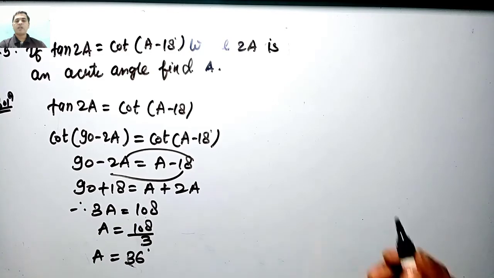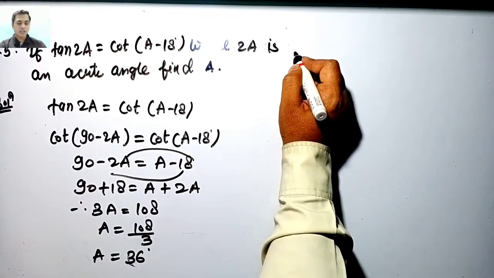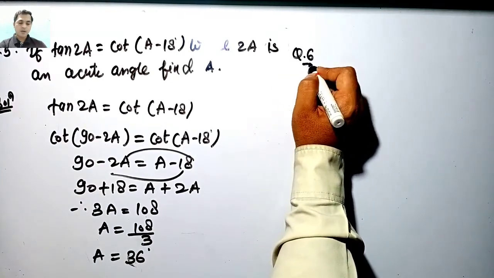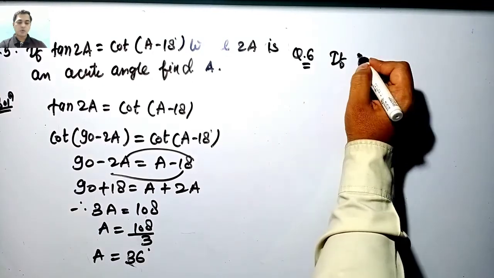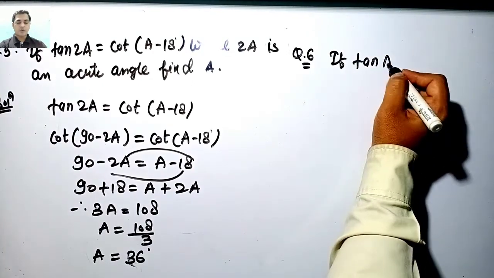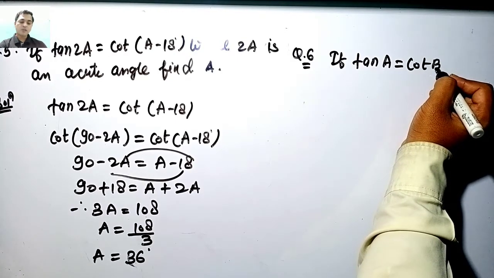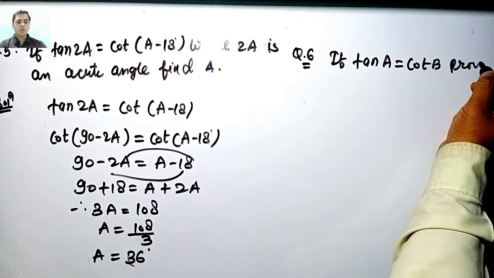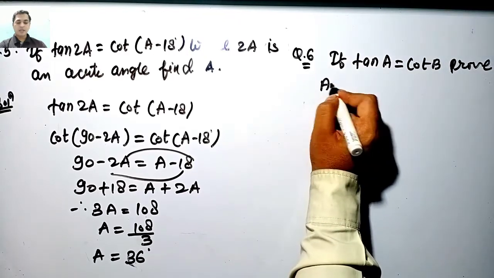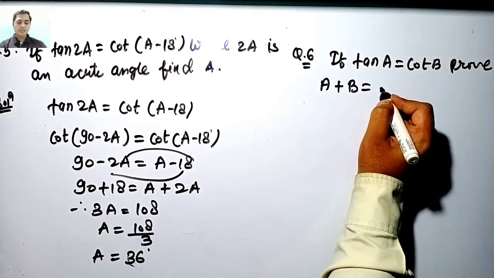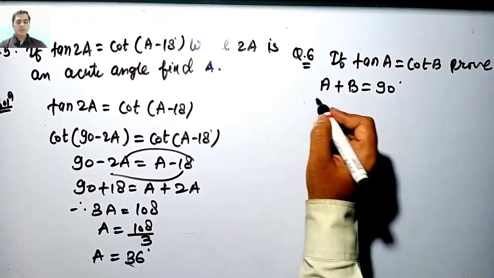Let us consider a similar question. Here the question is, if tan A is equal to cot B, then we have to prove that A plus B is equal to 90 degrees.